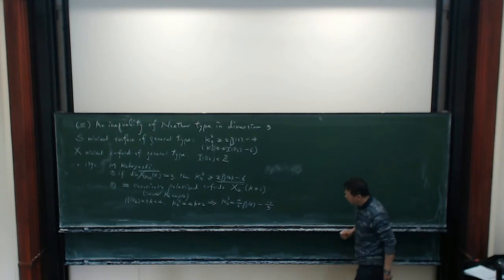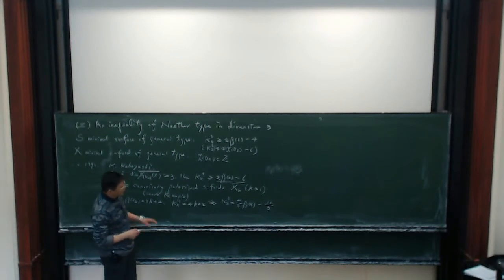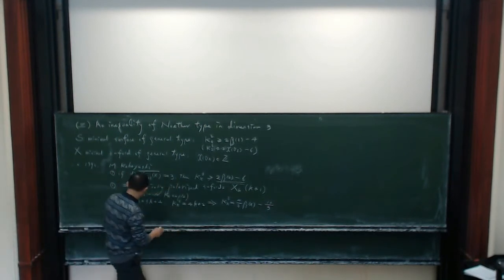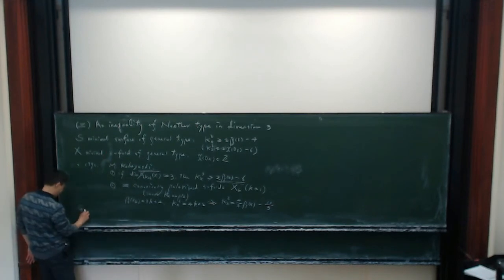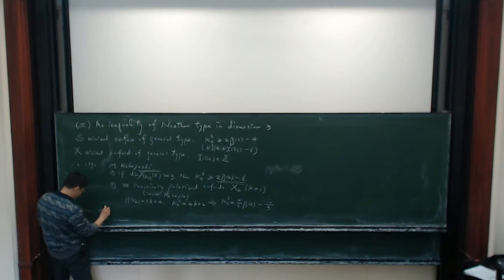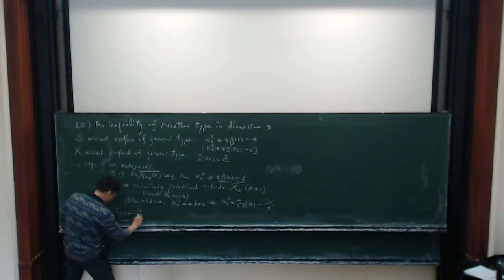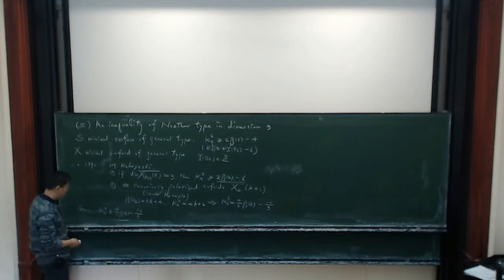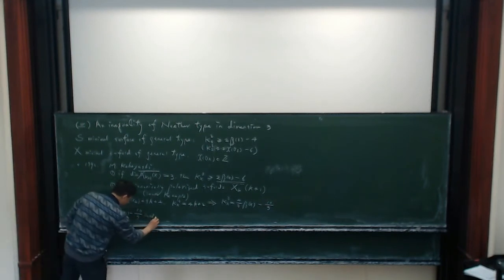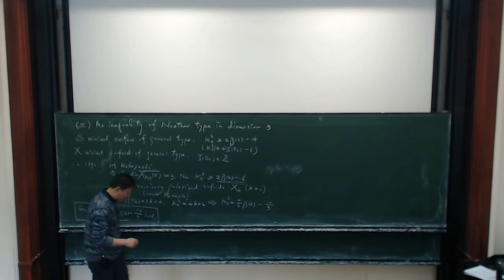Okay. So the best you can guess is that maybe for any minimal threefold, maybe this over 3 p_g of X minus something holds. I mean, this is only a guess.